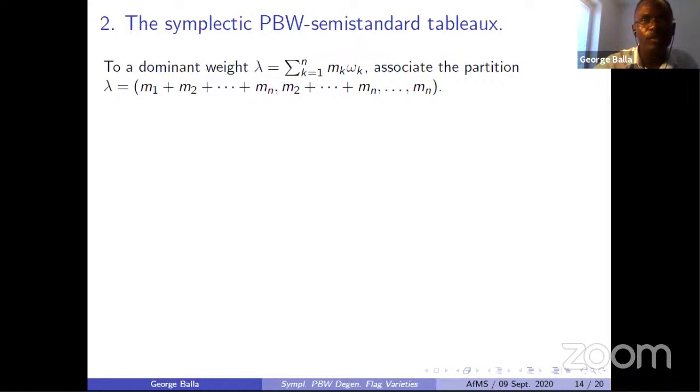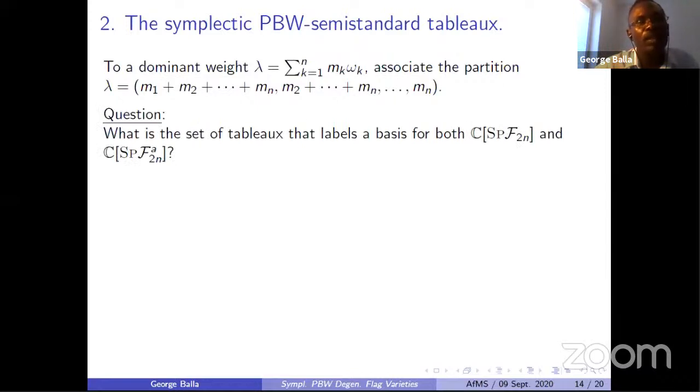This gives a partition, and to such a partition we can associate a Young diagram, which I will take in the English convention. And one can ask what is the set of tableaux that labels the basis for both the coordinate rings, for the classical case and the degenerate case.